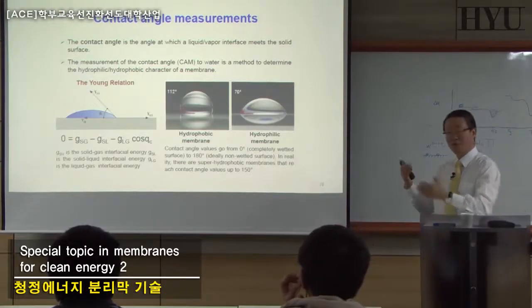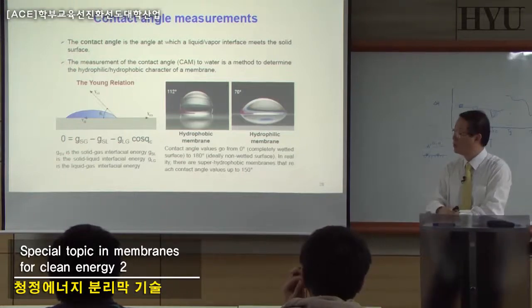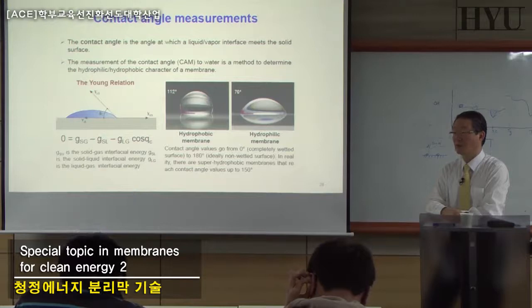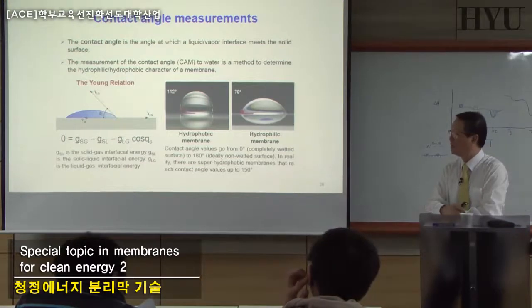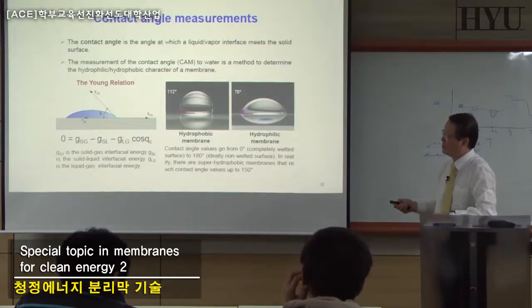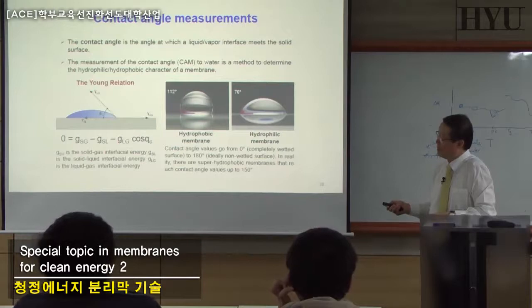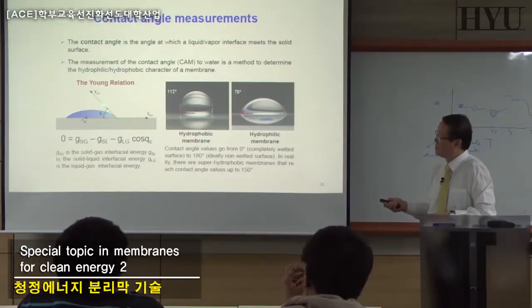Well, before we go into this in more detail, we can talk about the contact angle measurements too. Contact angle is a rough indicator of what your surface is composed of. Young's equation is the one that tells us about the contact angles.